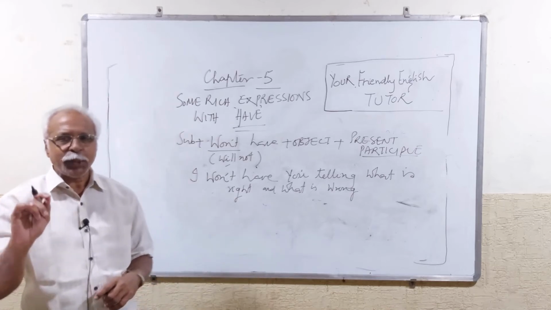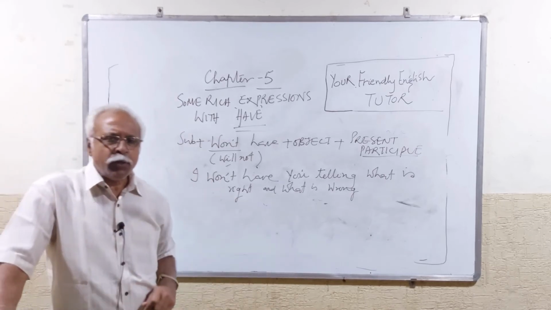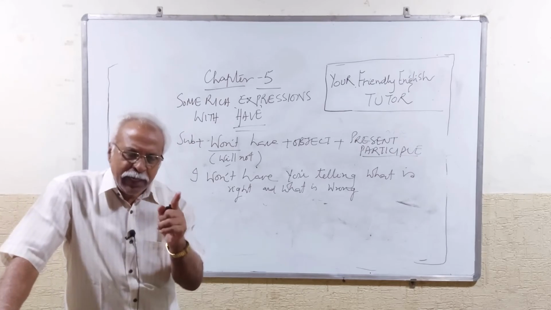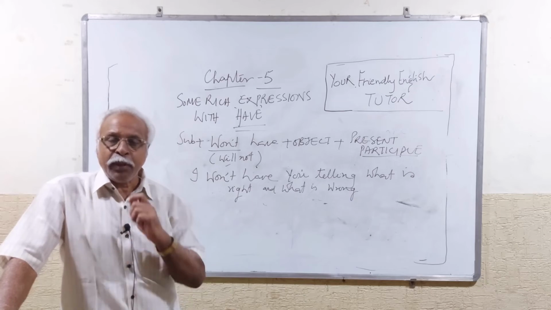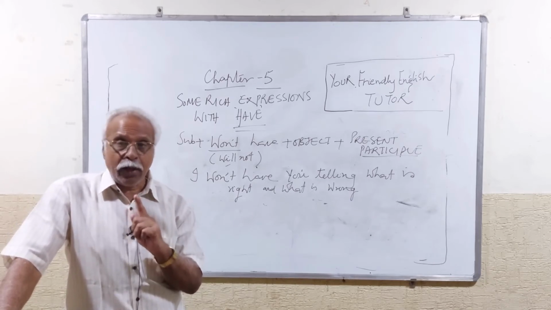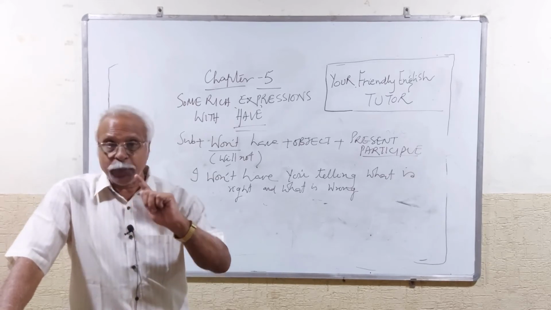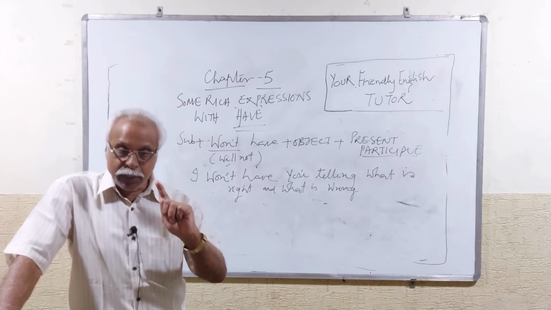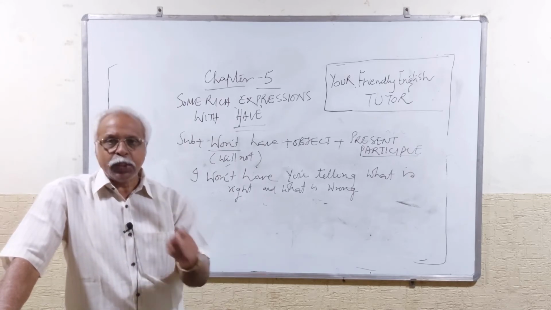What does this sentence actually mean? Try to understand. I won't have you telling me what is right and what is wrong. That means I know what I do is right or wrong. I don't want anybody's intervention to say this is wrong, this is right.